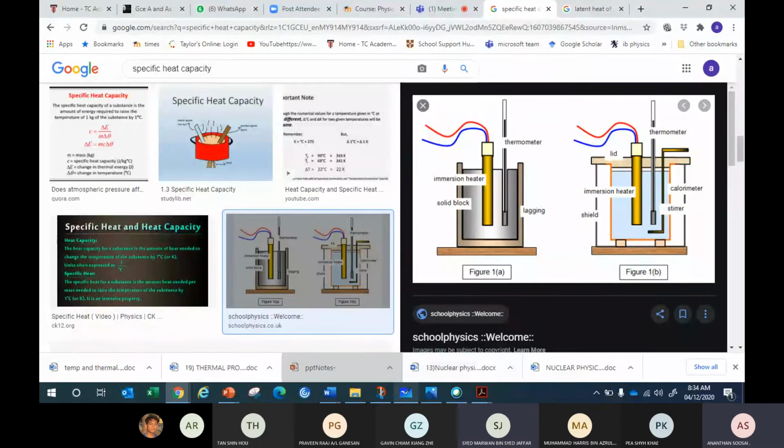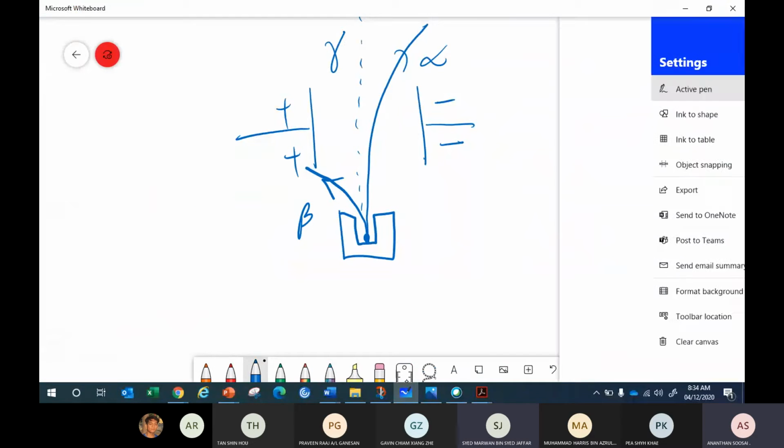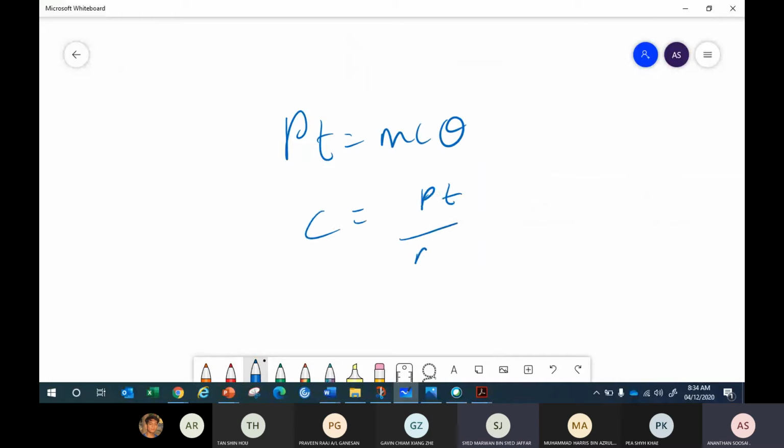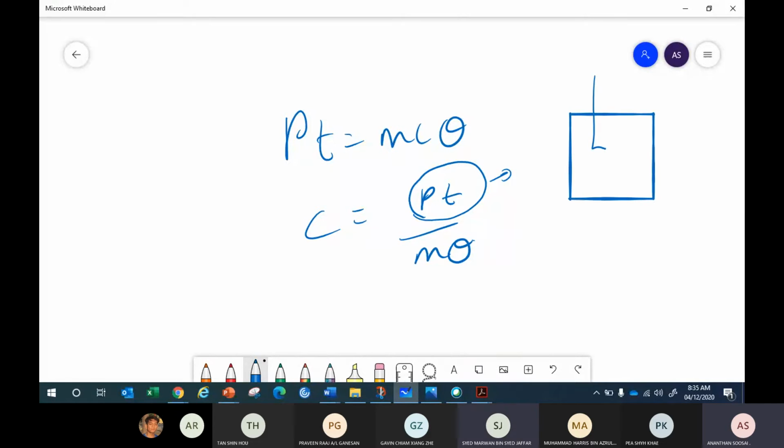Of course, when we calculate, Pt equals mcθ, so c is Pt over mθ. The energy we calculate here is the energy absorbed by the solid, the aluminium, plus the energy lost to the surrounding.